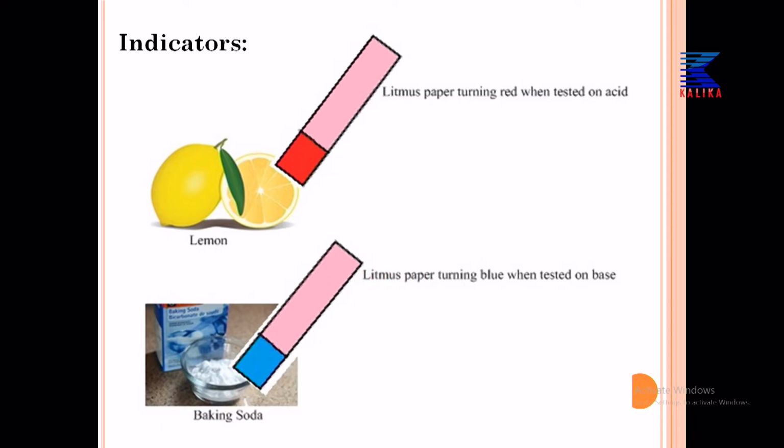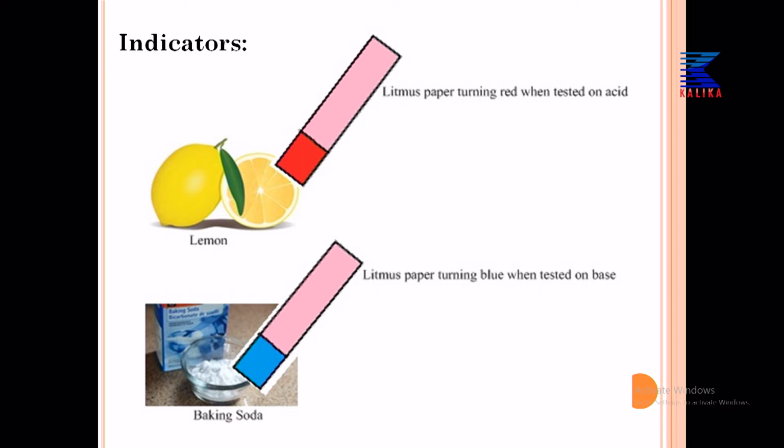Today we will start from this slide. In the figure we see a lemon piece and baking soda, and a piece of paper showing red color and blue color indicates whether the given substance is acid or base. From our previous class we learned that lemon is from the citrus family, so it contains citric acid.